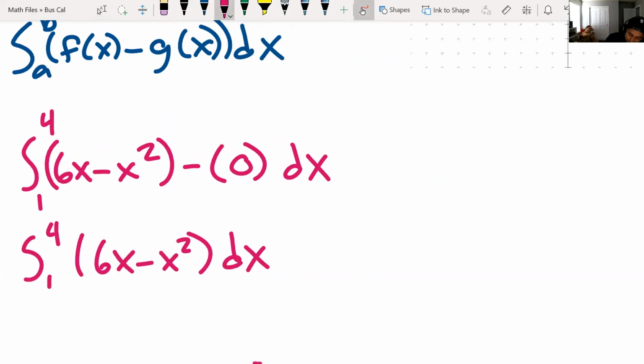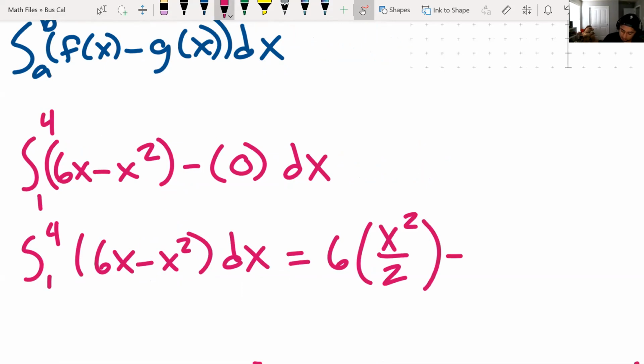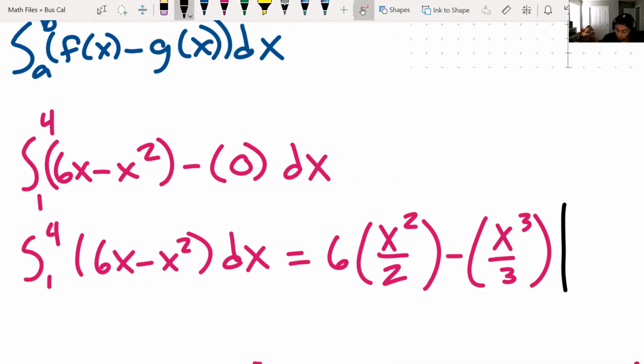Okay, with that being said, this becomes 6 times x squared over 2 minus x cubed over 3 evaluated from 1 to 4.